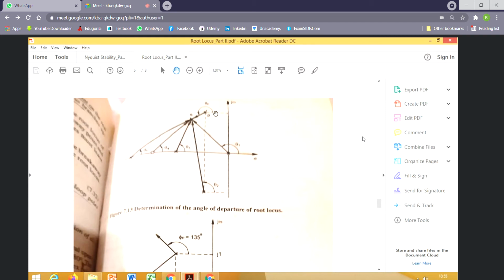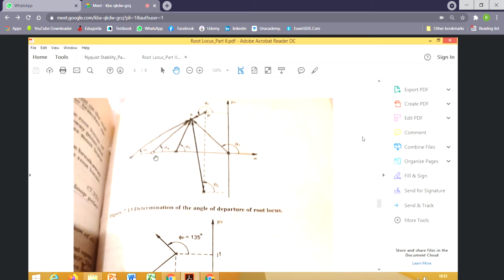And let's assume from this figure it's apparent that this particular complex pole for which we are trying to find out the angle of departure is contributing an angle at this point which is given by phi p, right? So at this point now, we'll calculate the angles contributed by all other open loop poles and zeros except this particular pole for which we are trying to find out the angle of departure.